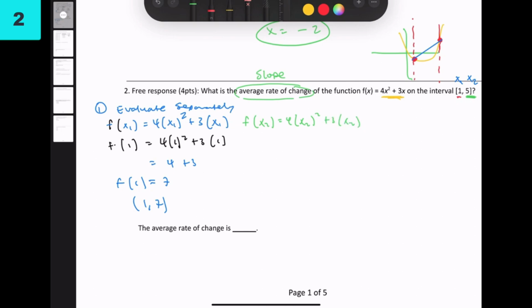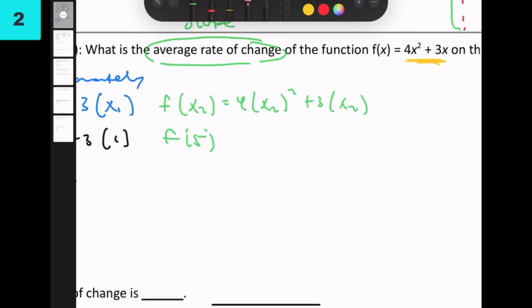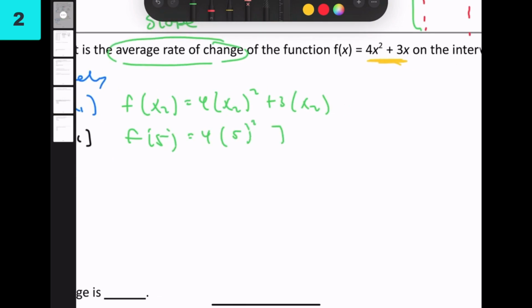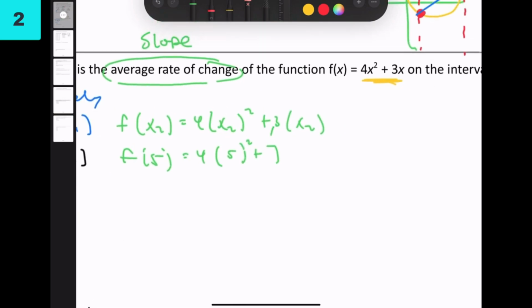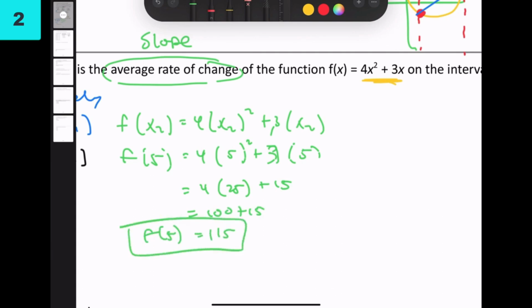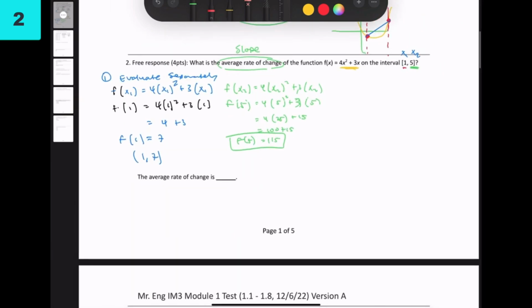And x2 value is 5. So 5 squared is 25. 3 times 5 is 15. That's 100 plus 15. So f of 5 equals 115. And that is the ordered pair 5 comma 115.